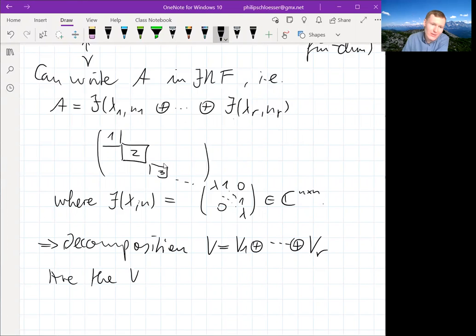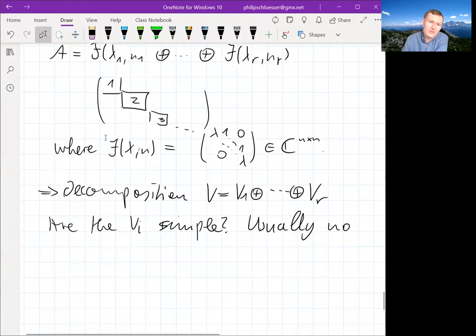Are the V_i simple? And the answer is usually no. More precisely, if they are more than one dimensional, they are not simple.